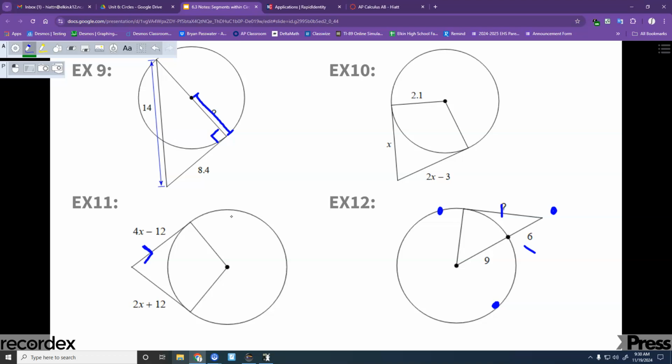So this is a right triangle. That means we can do a squared plus b squared equals c squared. Which side is my c here? The 14. So I'm going to do 8.4 squared plus b squared equals 14 squared.